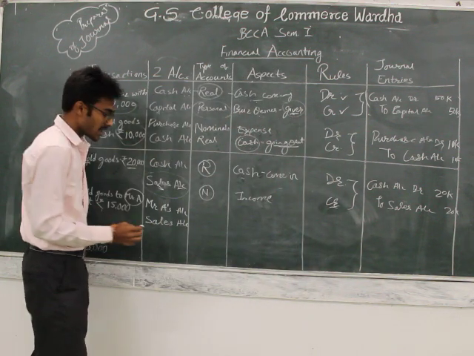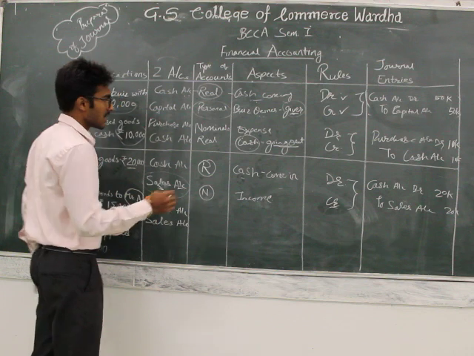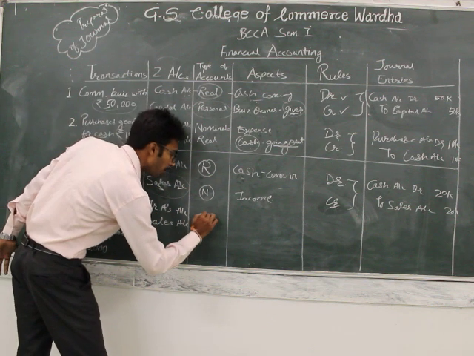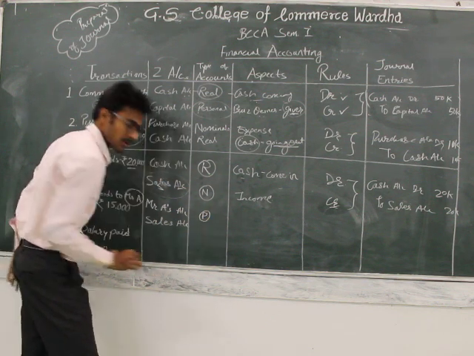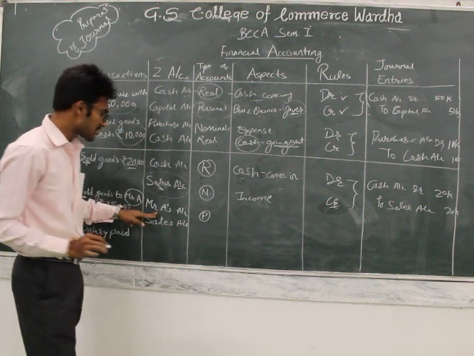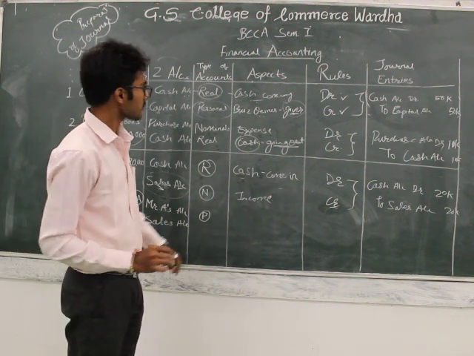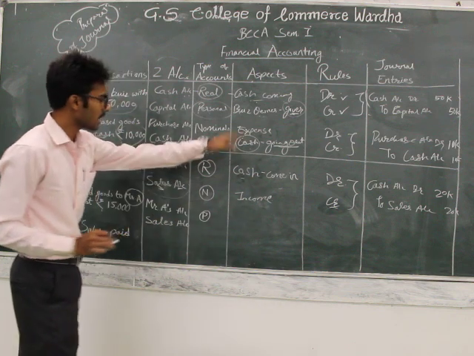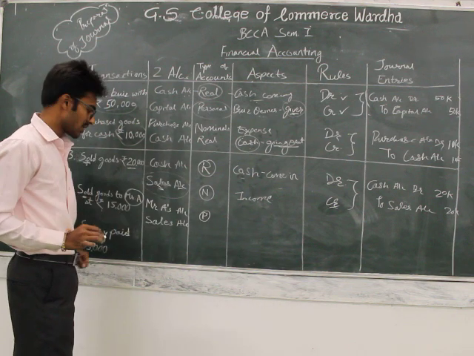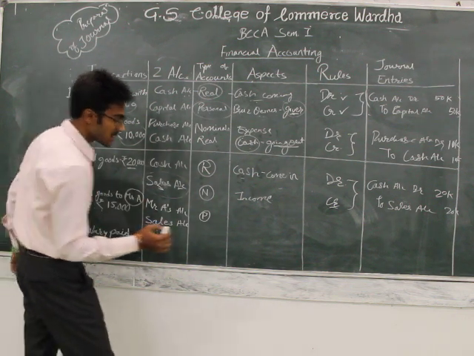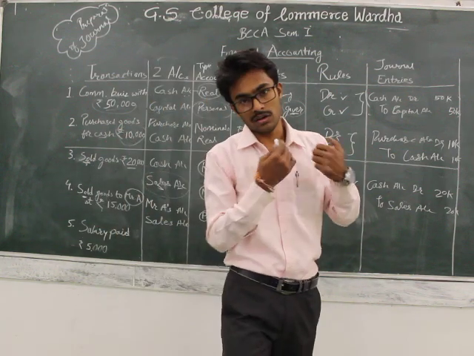Mr. A is a person, which means it is a personal account. Two aspects are involved in this transaction: is Mr. A the receiver or the giver?